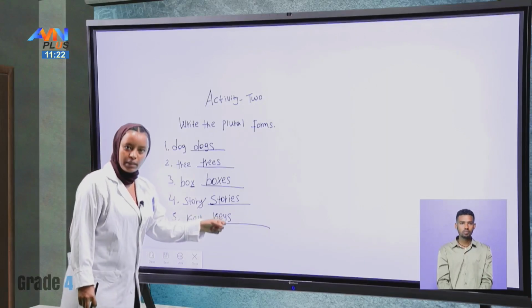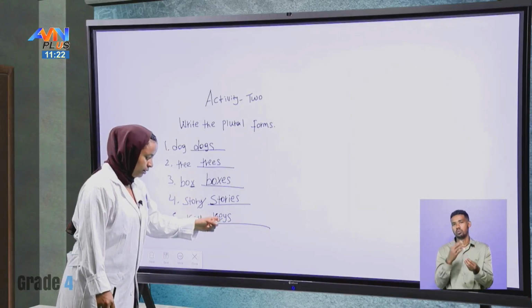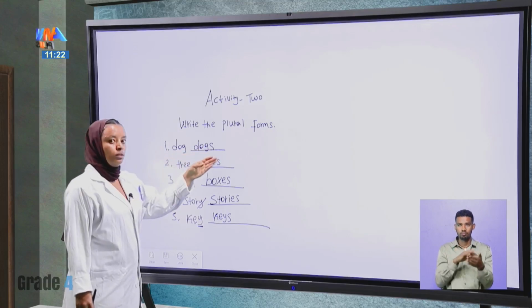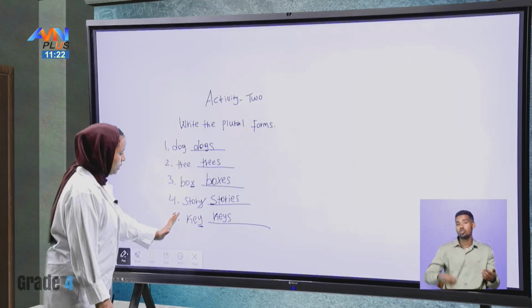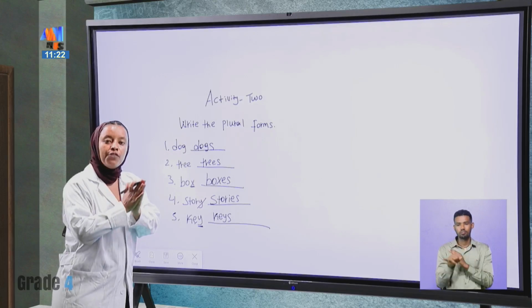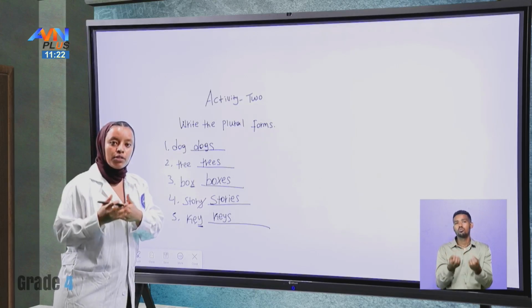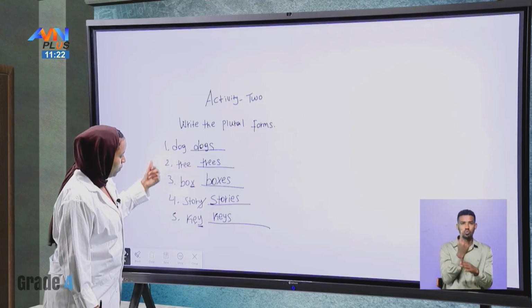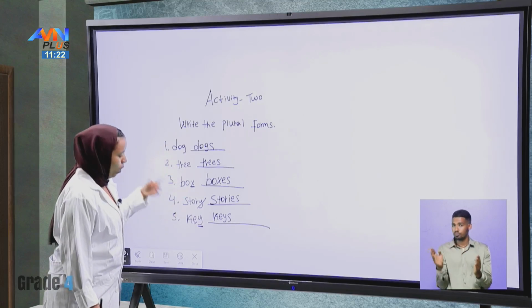Key, keys. Dog, dogs. Every example here is one, and when a noun is more than one, it's called what? Plural. So one dog, one tree, one box, one story, one key.